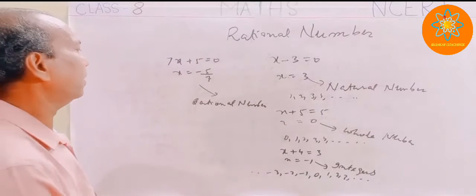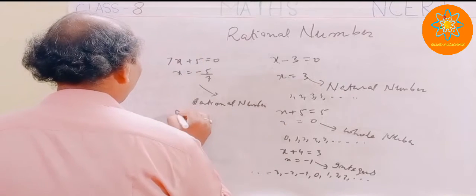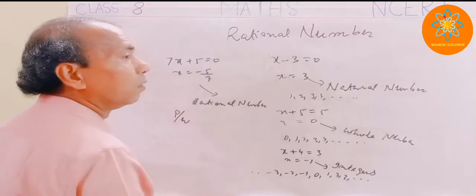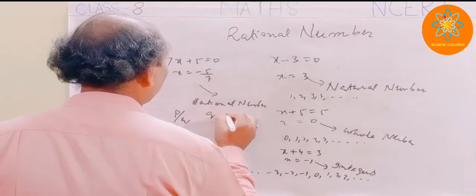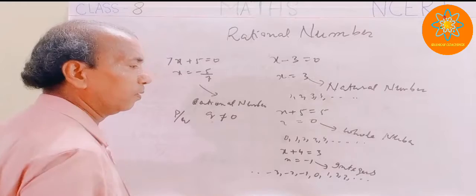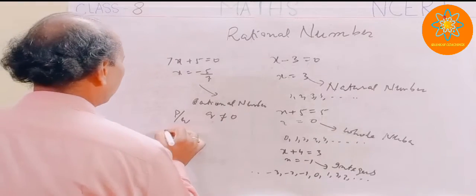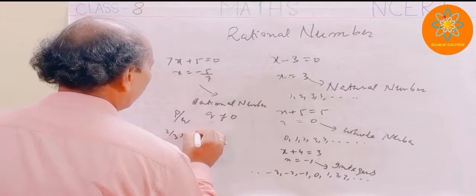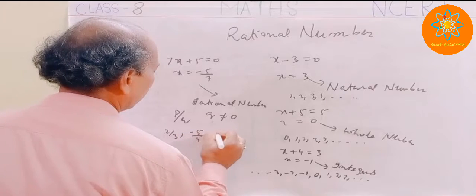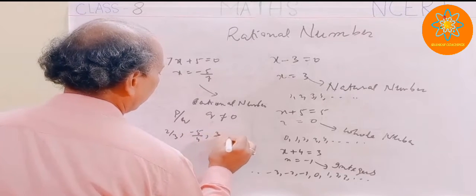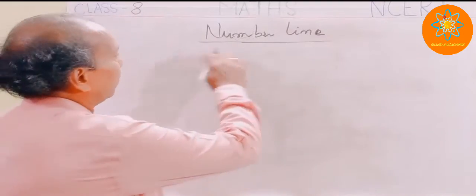So we can write the rational number in the form of p by q, where q is not equal to 0. So examples of rational number is like your 2 by 3, minus 5 by 4, 3 by 4, like this.